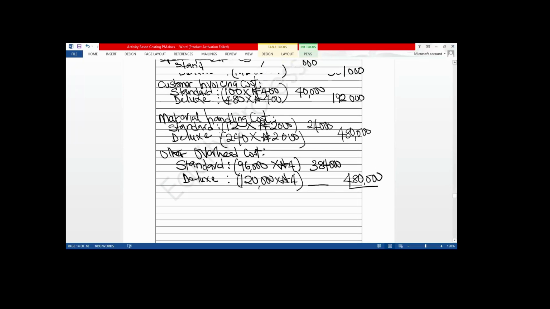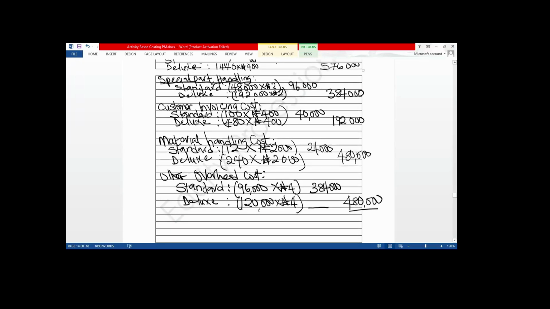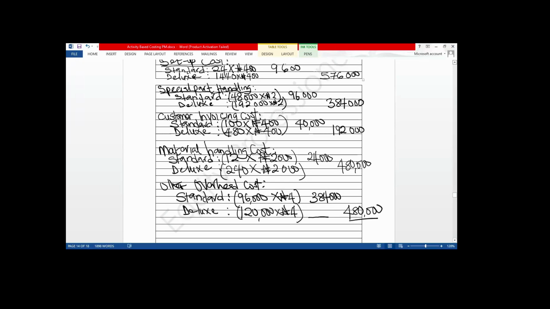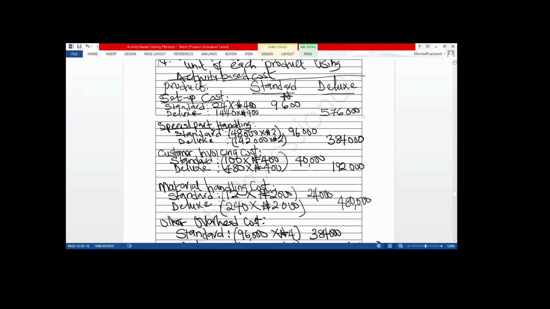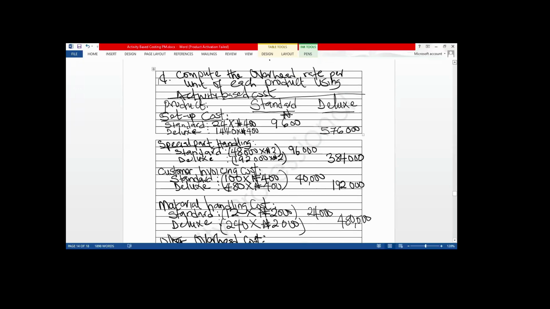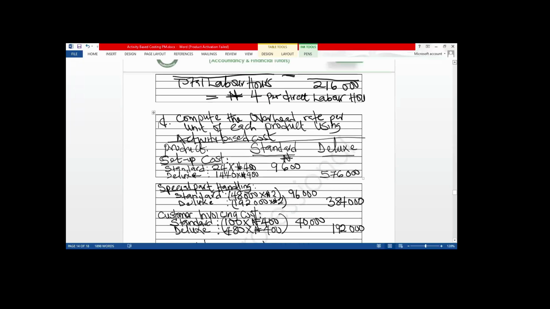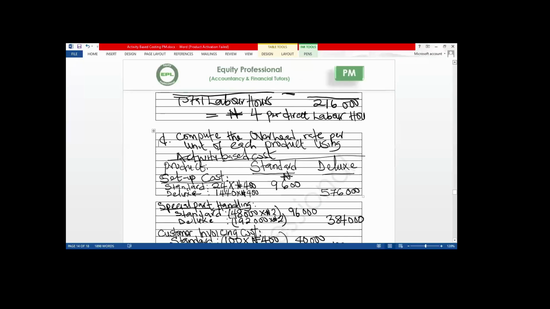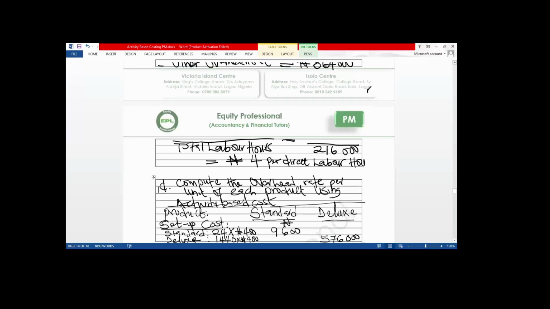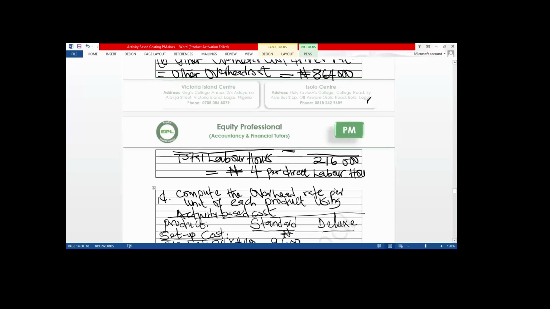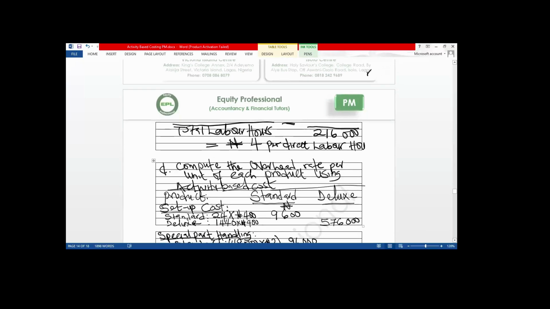Let's go up small. That's too much. For standard. Don't worry, I'll push it back. It's okay now? Total for standard is 553,600.